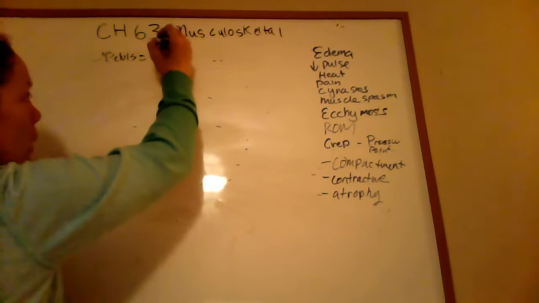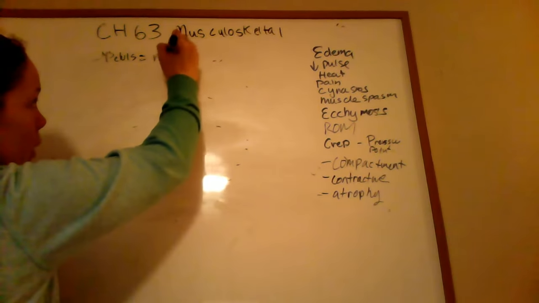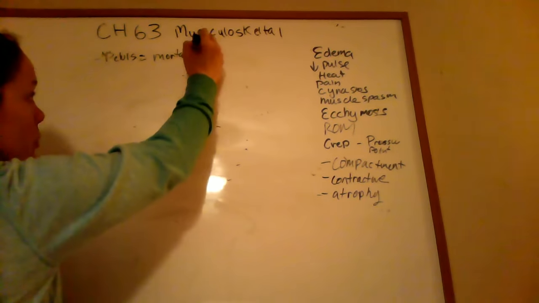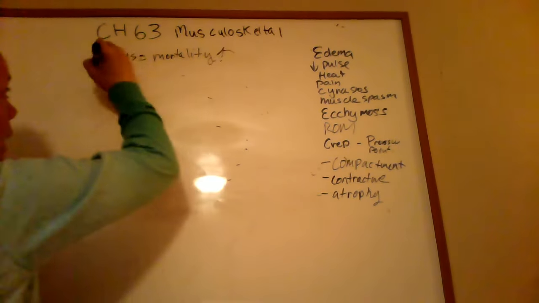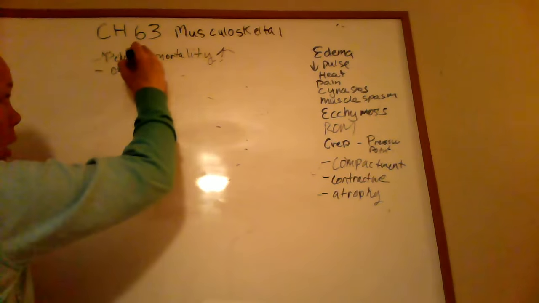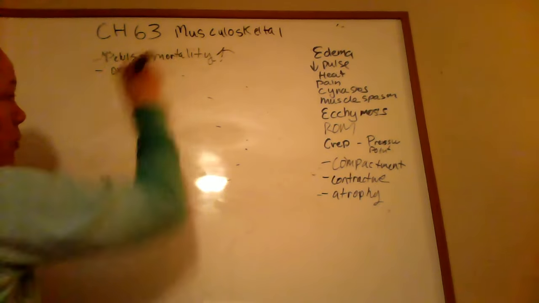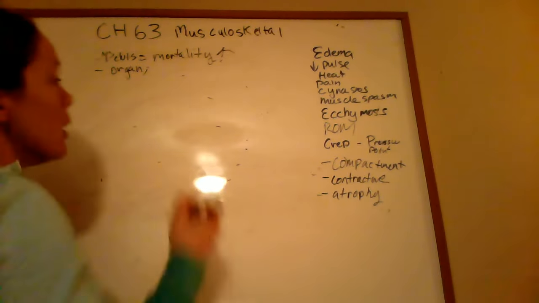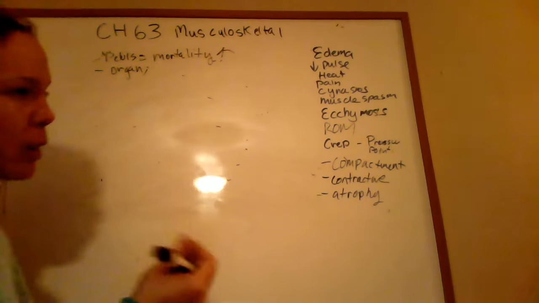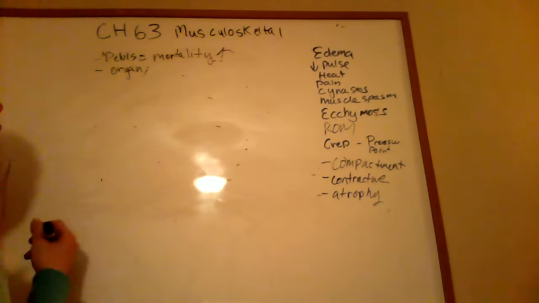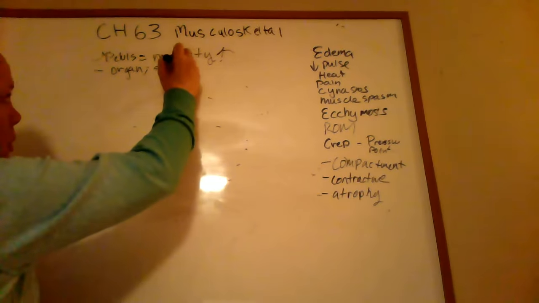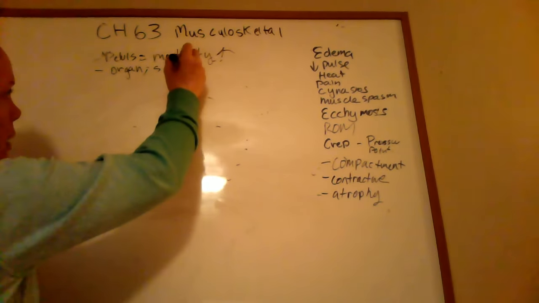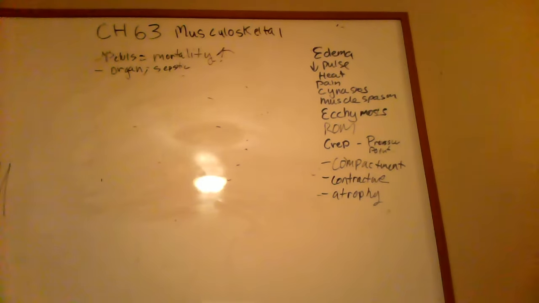So pelvis, really being careful with that because the mortality rate is high here. And watching for organ damage. Maybe you might have signs of renal impairment in your blood work, things of that nature. Right? So you could become septic here with the pelvic fracture.